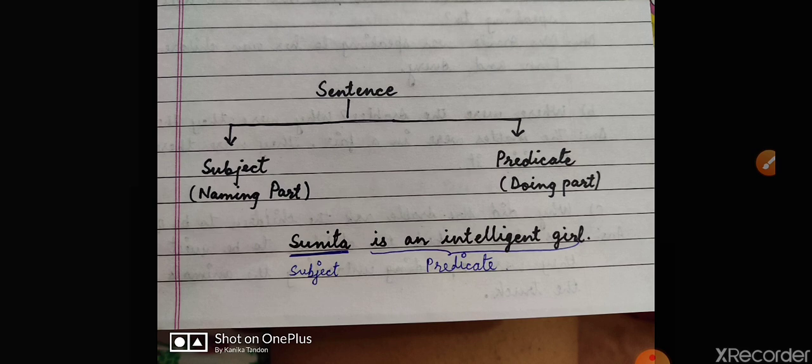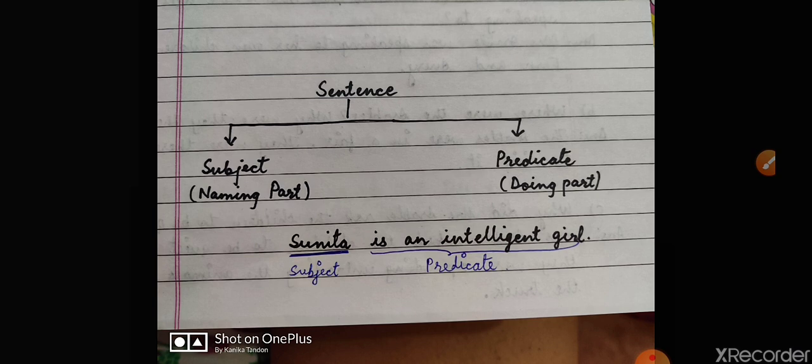In this particular sentence, who is the person that we are talking about? Sunita. Sunita is a girl, and in this particular sentence, we are talking about Sunita. And what are we saying about Sunita? What am I telling you about Sunita? One thing, that she is an intelligent girl.